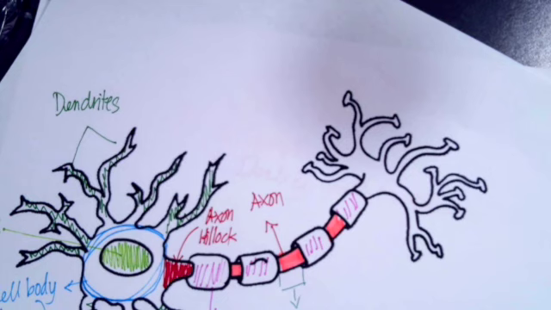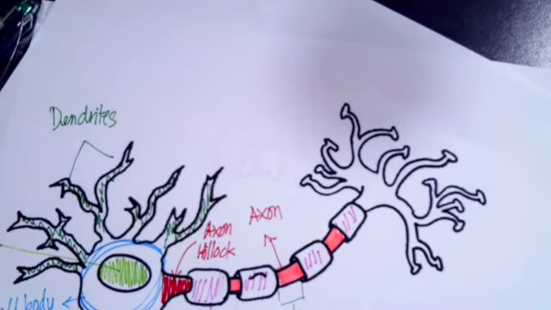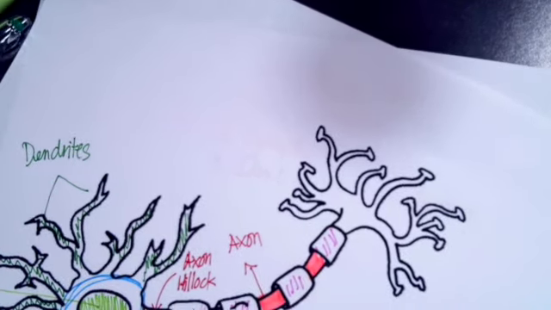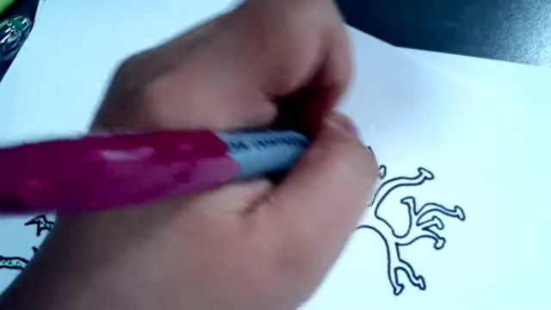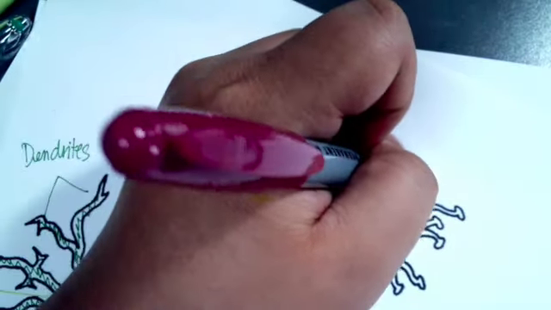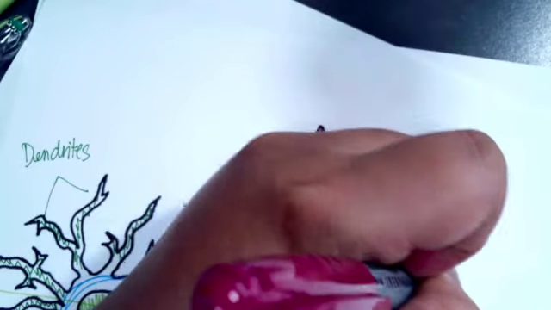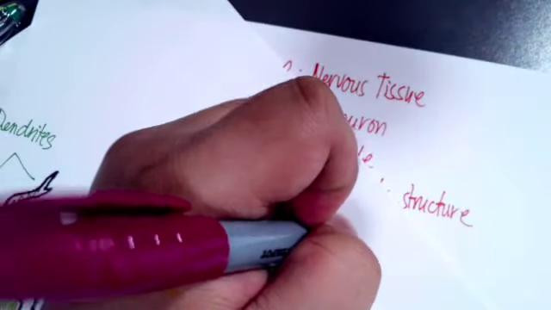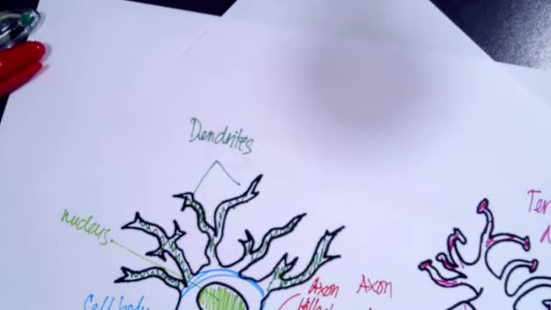And the last part of this structure, especially this part, these are all what we call the terminal axon. Okay, let's review.